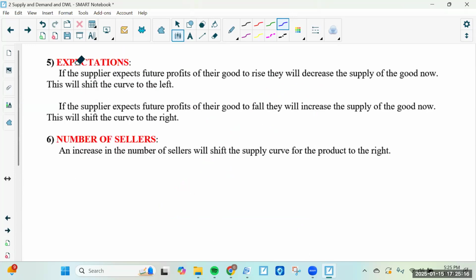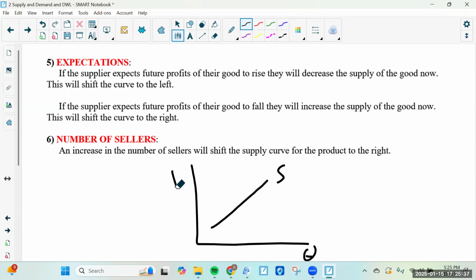Next determinant is expectations. Just like the expectations for demand, if you are a buyer and you expect the price to rise in the future, you're going to want to run out and buy it right now. But for the seller, if they think they can sell it at a higher price in the future, what are they going to do right now?